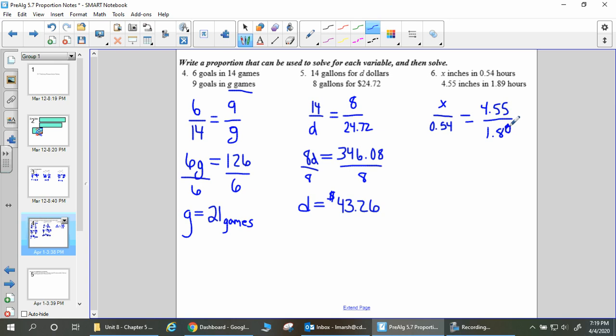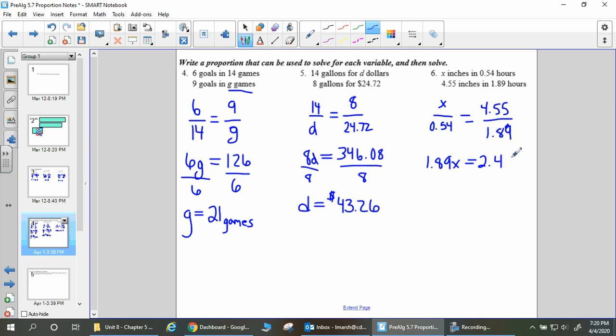So maybe this was the snow we never got this winter. Cross multiply. So our 1.89x is equal to 0.54 times 4.55. Just be very careful with all these decimals. 2.457.